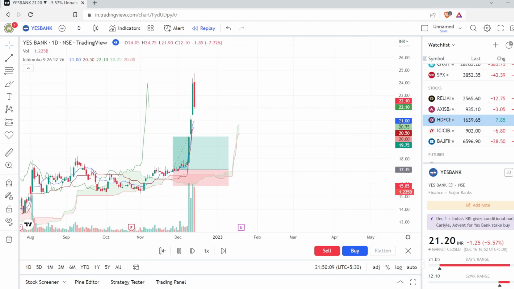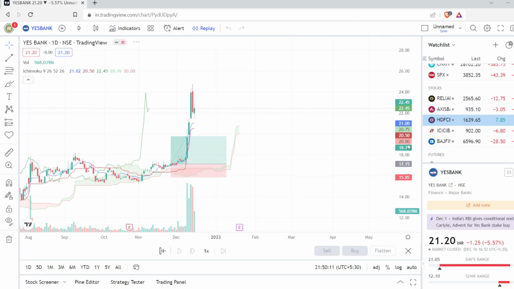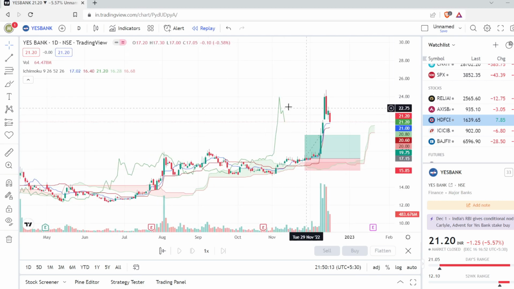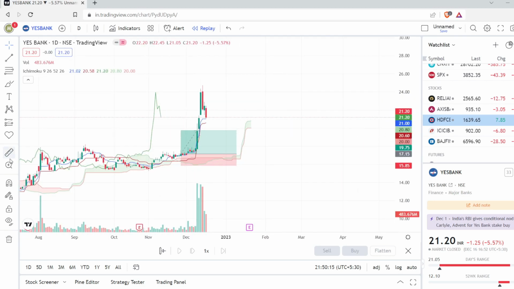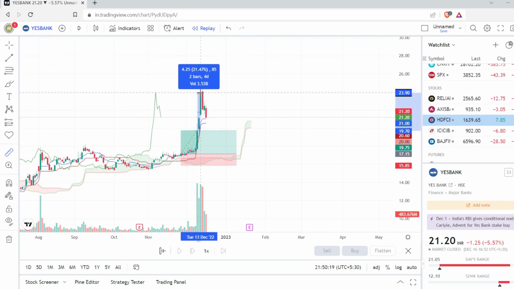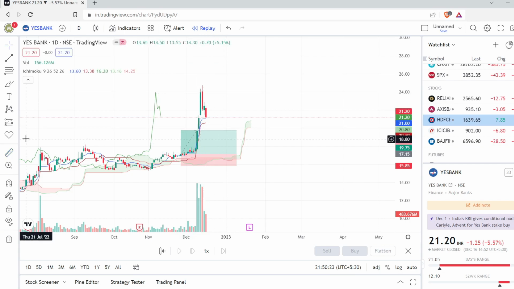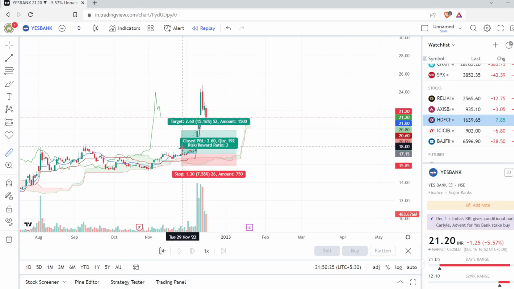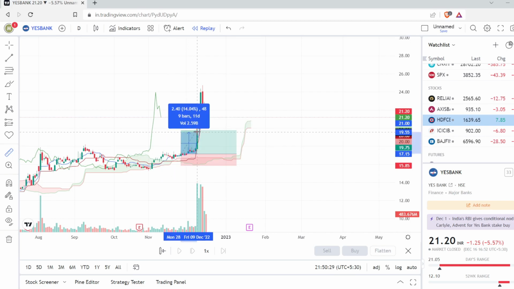Okay, but after our target was hit, just look at the run up. In the next 2 days, it gave a run up of almost 21% in 2 days, and our trade was 15% in 11 days.